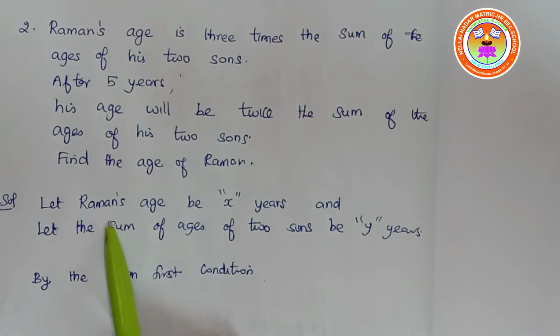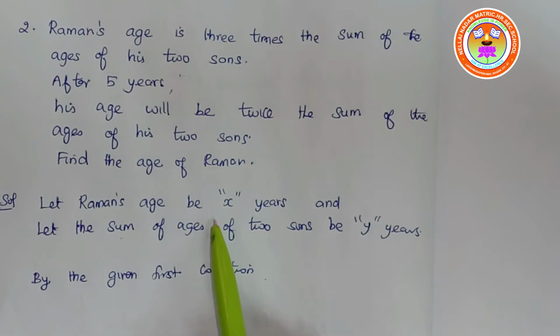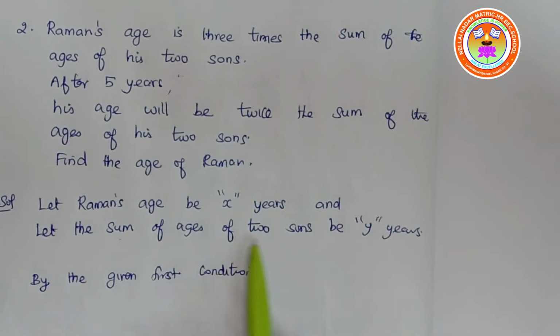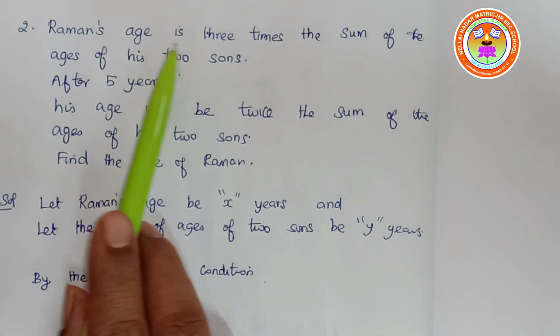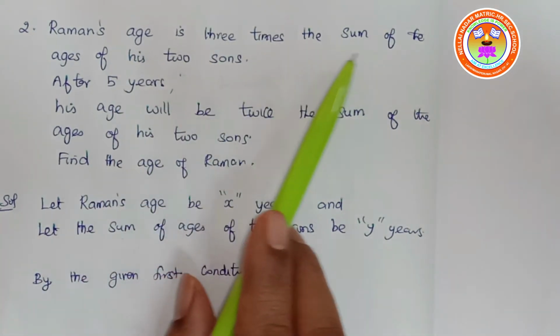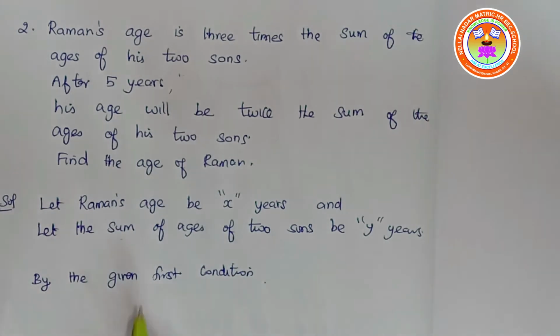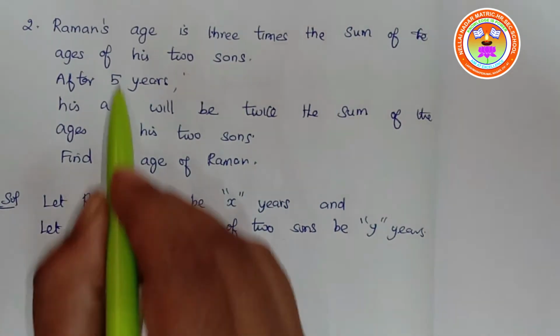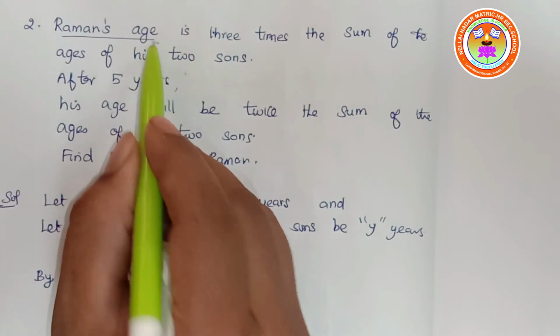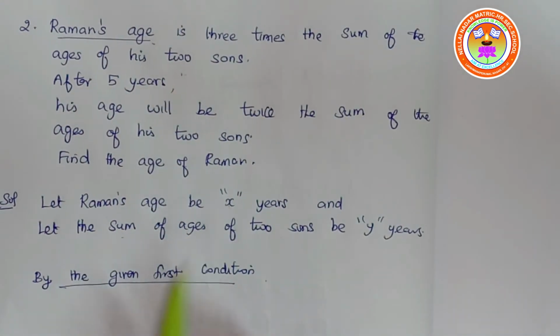So let Raman's age be x years and sum of the ages of 2 sons be y years. So this is the first condition, children. Raman's age is 3 times the sum of the ages of 2 sons. So by the given first condition, Raman's age is what?